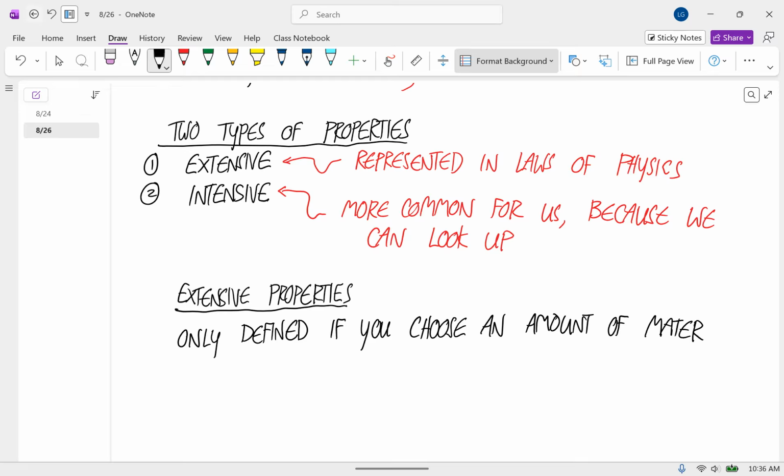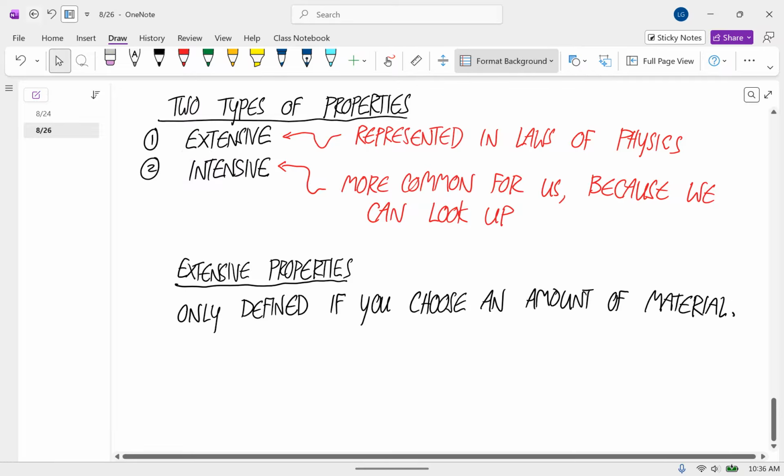So for example, let's think about temperature. In measuring the temperature of a room, is it important to know how big the room is? No, you can put the thermometer anywhere and take that measurement. So we know that temperature is not going to be an extensive property.